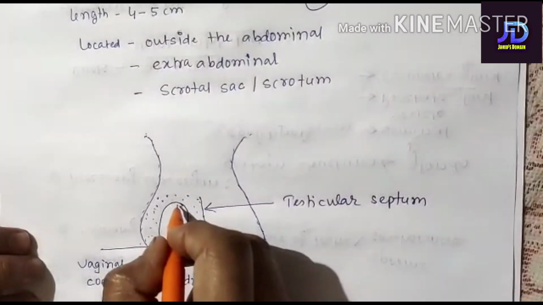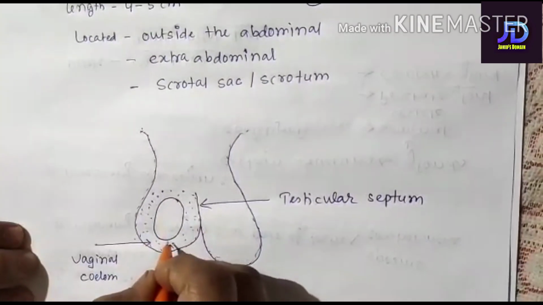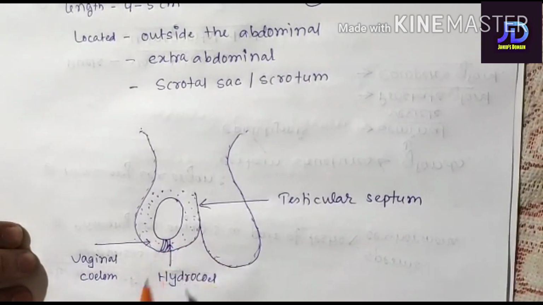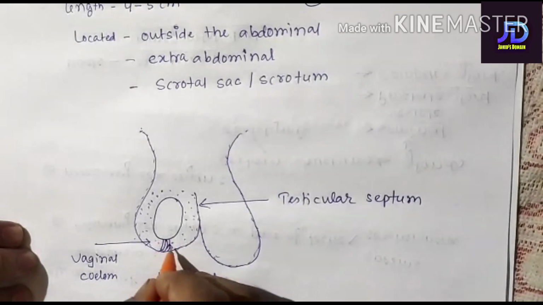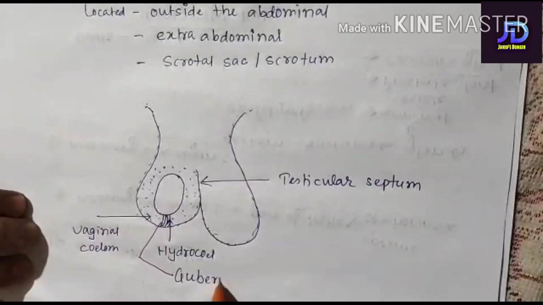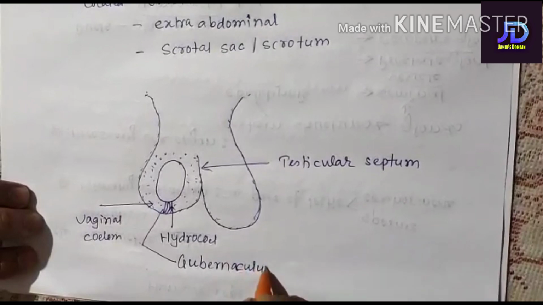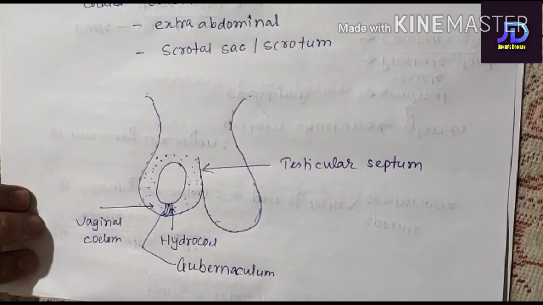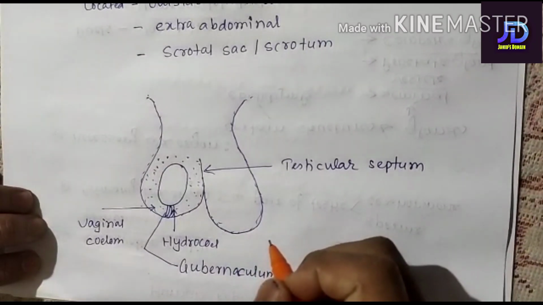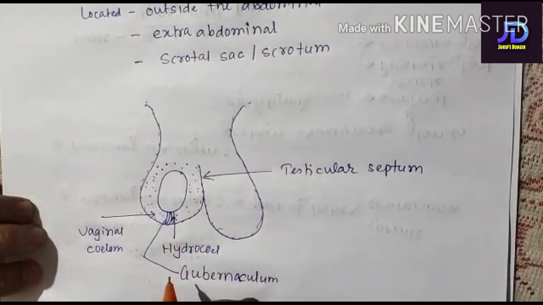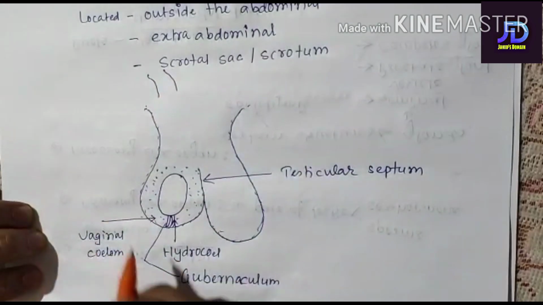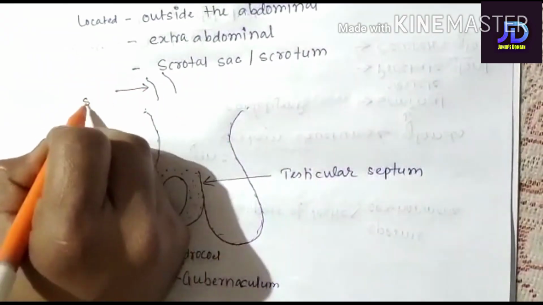Now, these testes are fixed in their position with the help of a fibrous structure called the gubernaculum. In this regard, I want to remind you of one thing. There is another structure which fixes the testes in their position, and this is the spermatic cord.